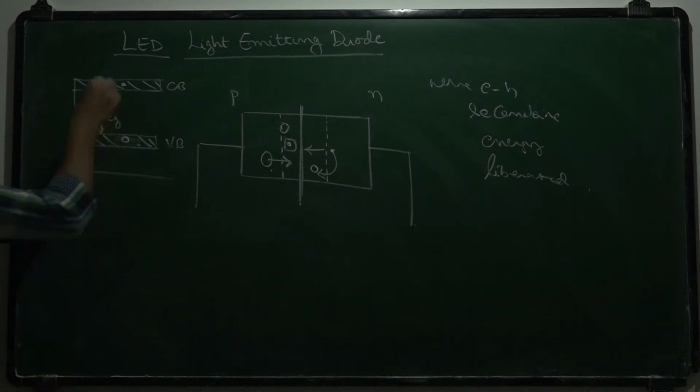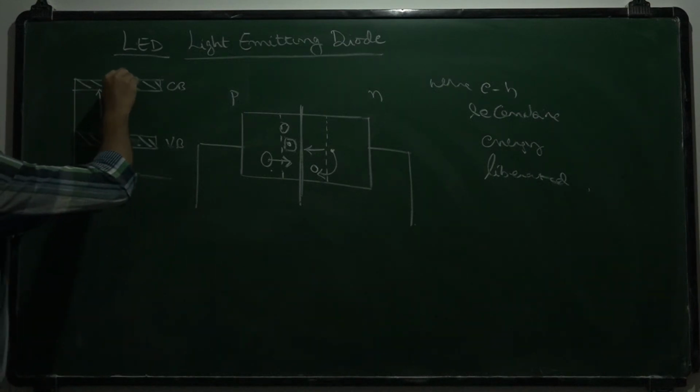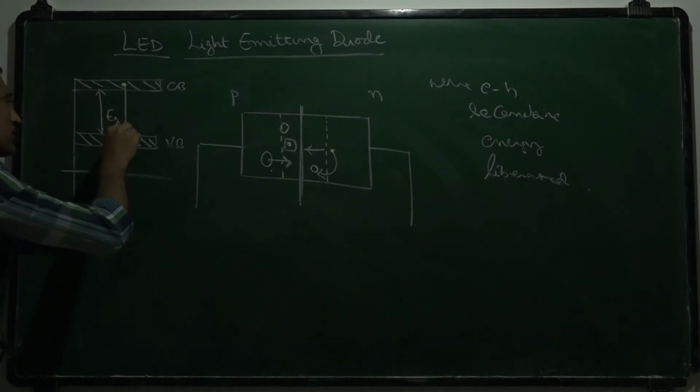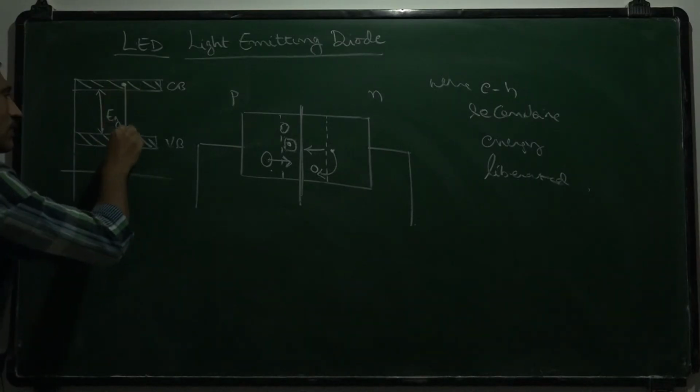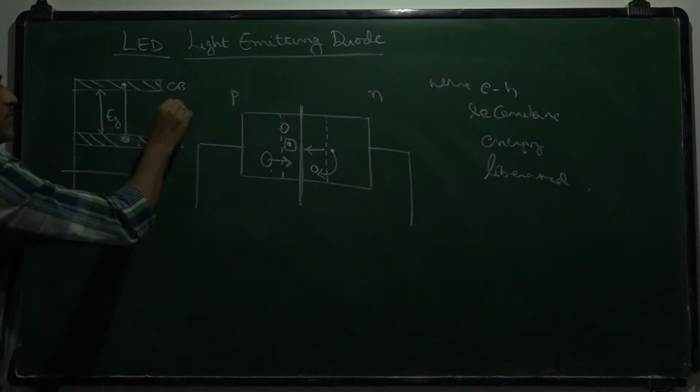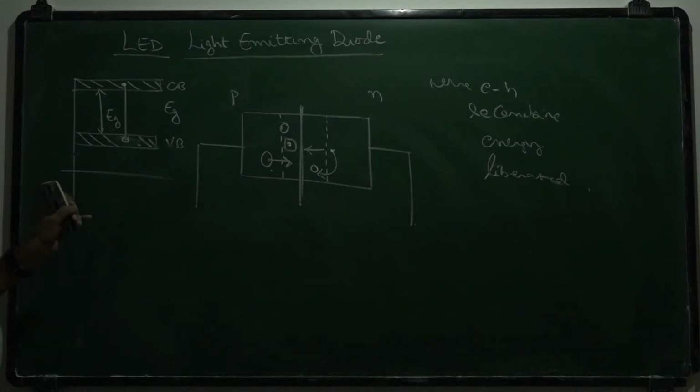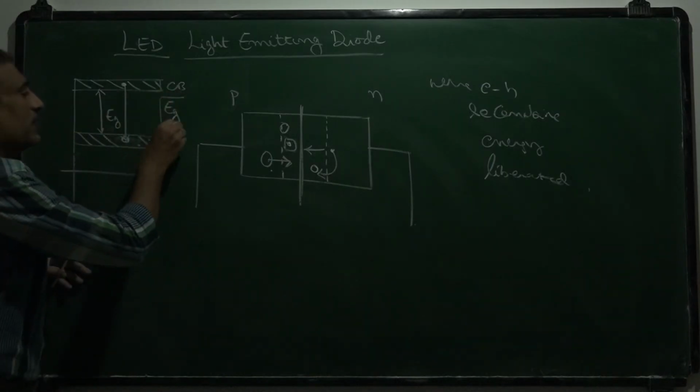Now, if this electron in the conduction band recombines with this hole, or fills this hole, the excess amount of energy Eg is liberated. When this electron de-excites to its original valence band, the energy given out is Eg.